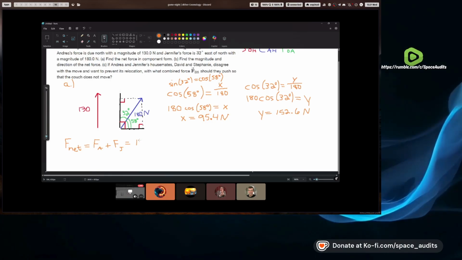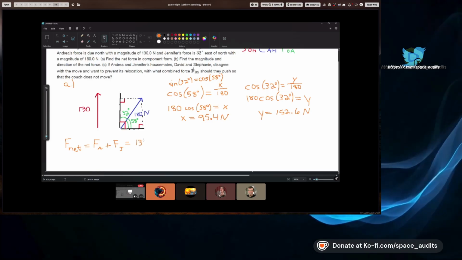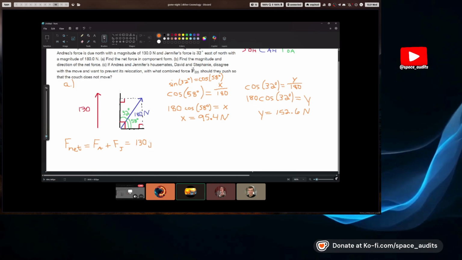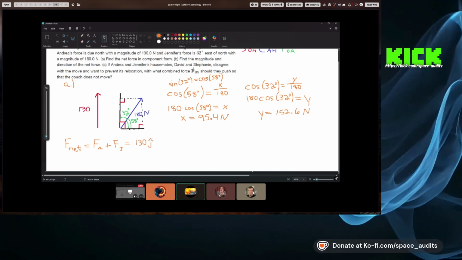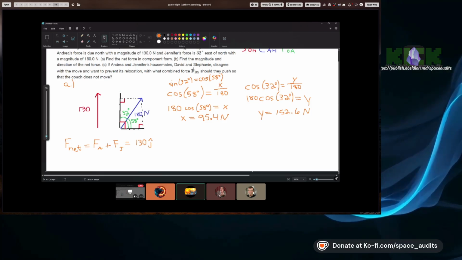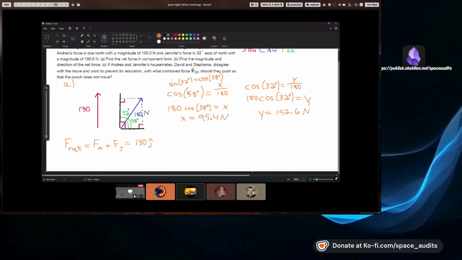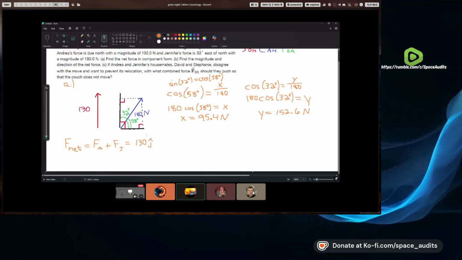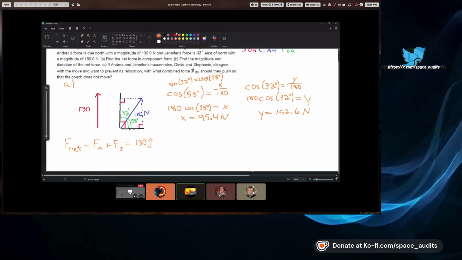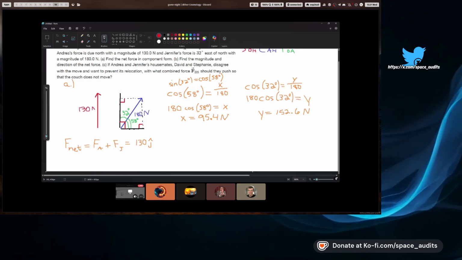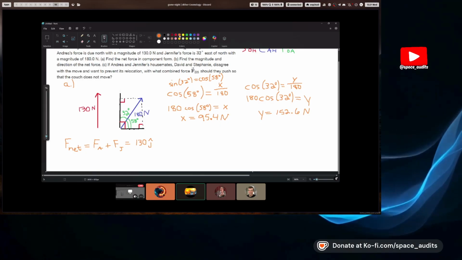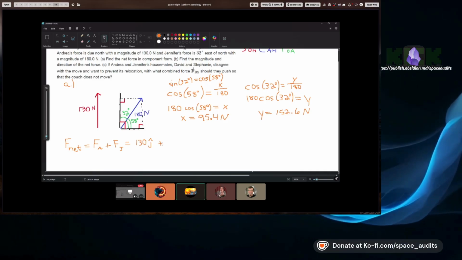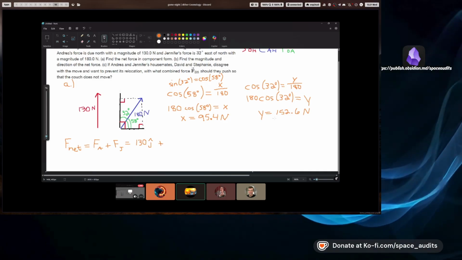FA is 130 j hat. It's in the y direction, so it's j hat, because i is x. You get XYZ, IJK. So y is j. So 130 j hat. And then what about the force of Jennifer? That's what we broke down into these two components.